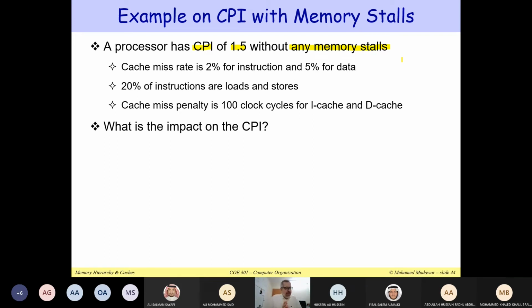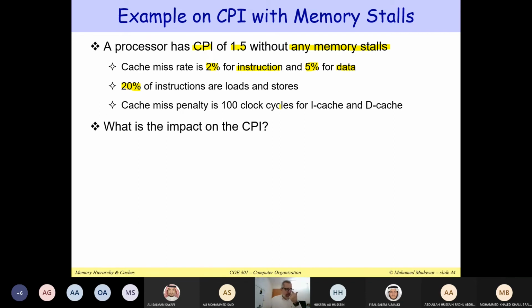So now we're going to look at the caches, and it says that the cache miss rate is 2% for the instruction cache, and 5% in the data cache. Okay, and it says that 20% of the instructions are load and store.